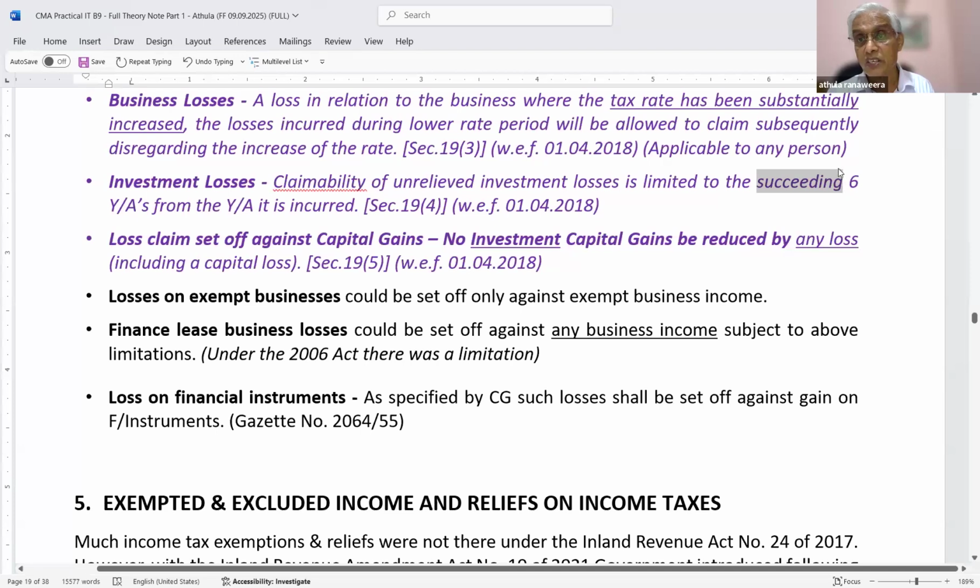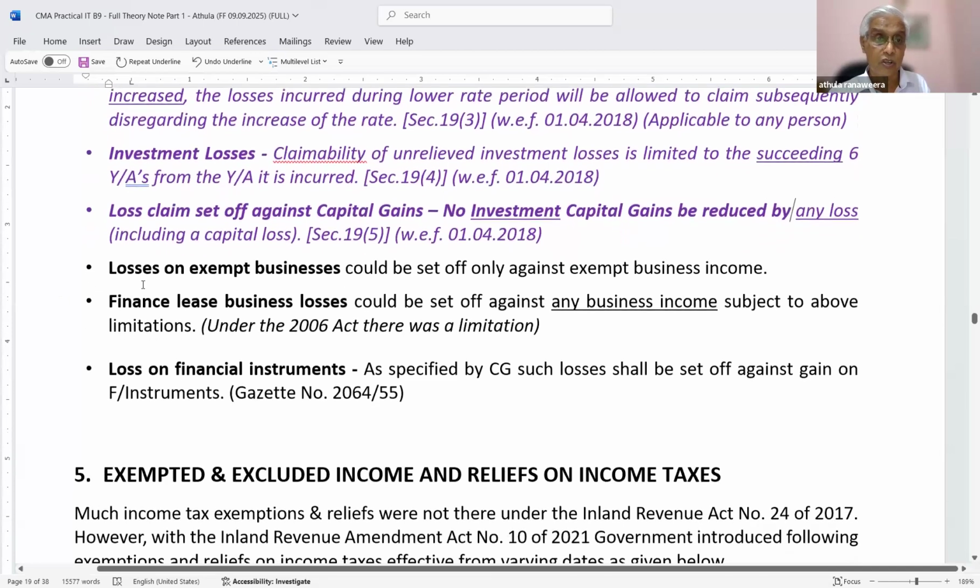When it says succeeding 6 years, current year plus next 6 years, from the year of assessment it is incurred. Loss claim set off against the capital gains, no, investment capital gains cannot be reduced by any loss. I explained that earlier. Then losses on exempt businesses could be set off only against the exempt business.